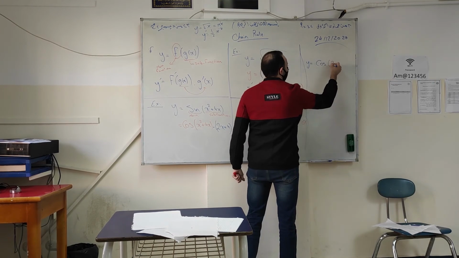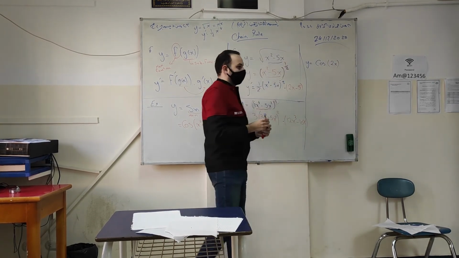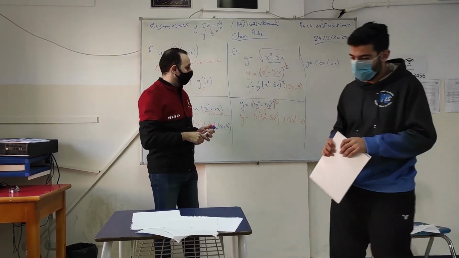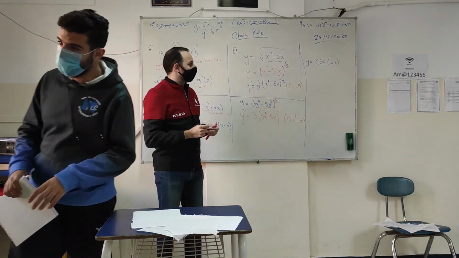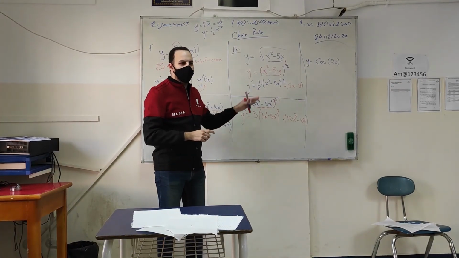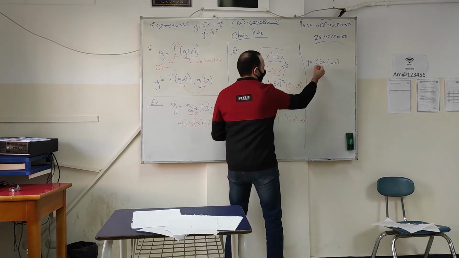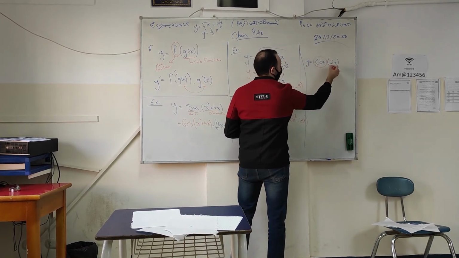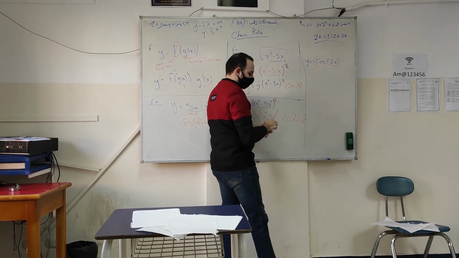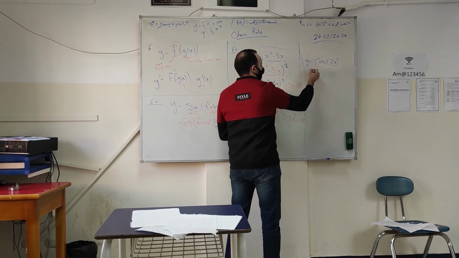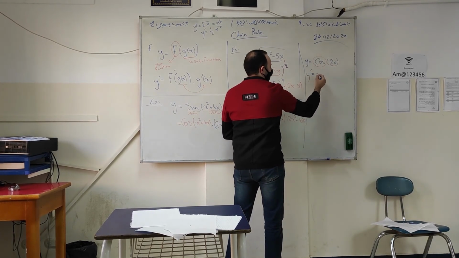Let's say y equals cosine 2x. Where is the main function here? Cosine. And where is the subfunction? 2x. How can we differentiate this? What is the derivative of cosine?